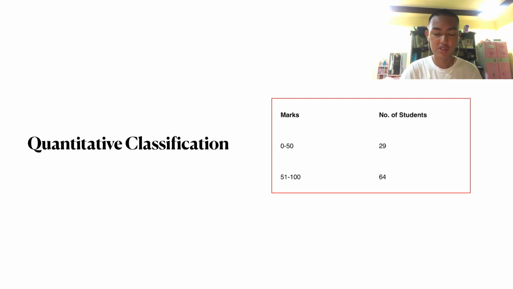So it is countable. In this slide you can see marks 0 to 50 and the number of students. For marks 0 to 50, 29 students got that grade. For 51 to 100, 64 students got that grade.